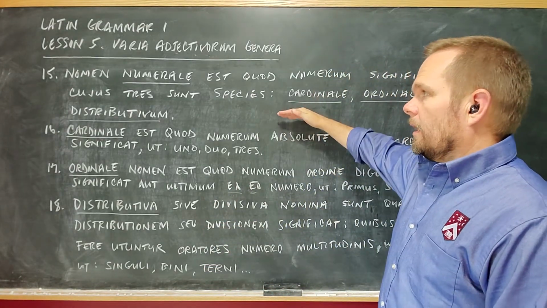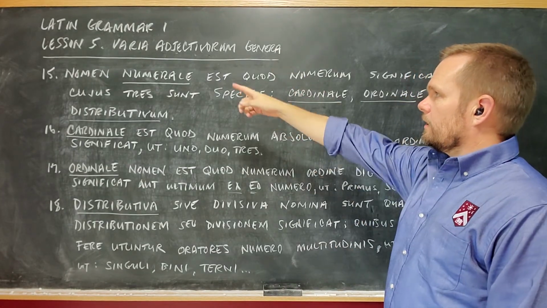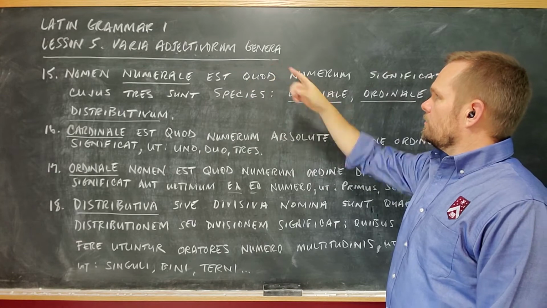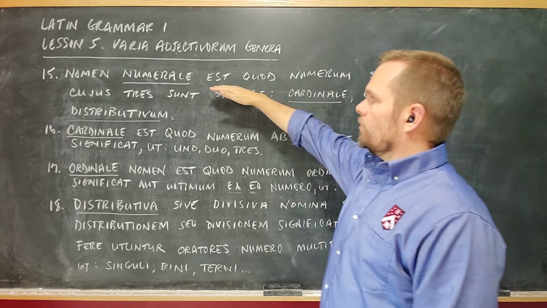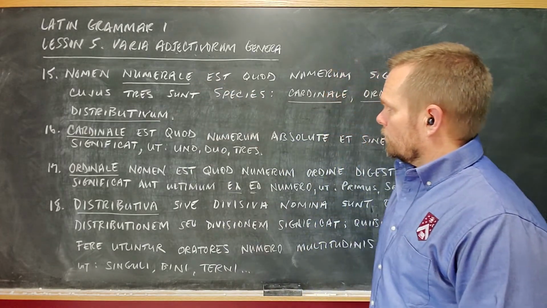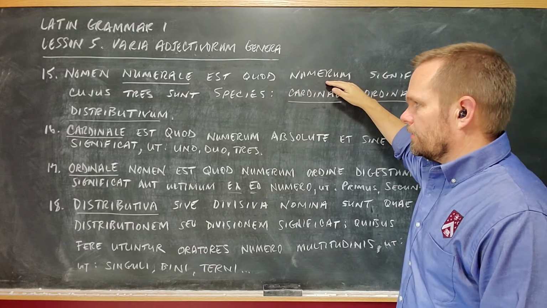Okay, so our last part of lesson 5, as we finish our study of varia adjectivorum genera, the various classes of adjectives, we have numeral nouns. A numeral noun is that which signifies a number.